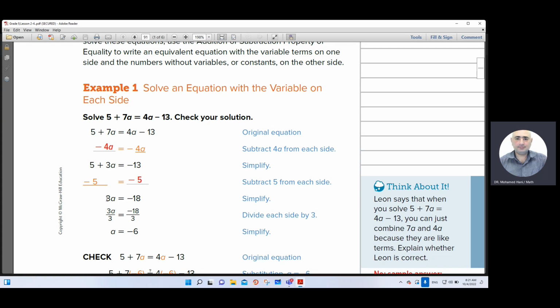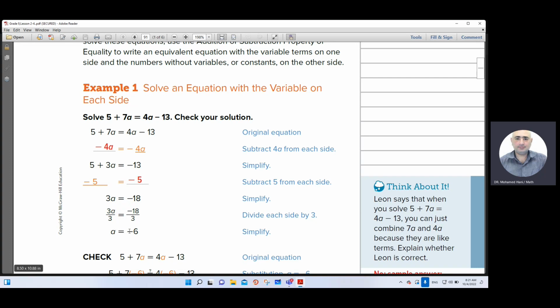Now, how to remove 3 to keep a alone? What is the operation between 3 and a? Multiplication. Take the opposite. What is the opposite of multiplication? Division. So divide the two sides by 3: 3a divided by 3, and negative 18 divided by 3. So 3 divided by 3 will be 1a, which means a, and negative 18 divided by 3 will be negative 6.